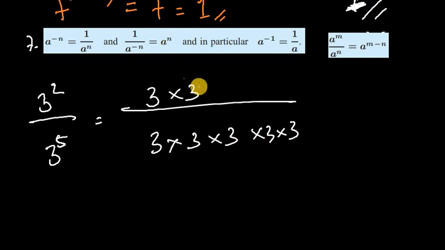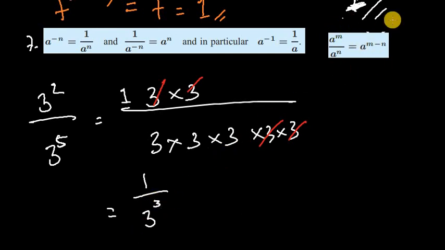We can cancel each other, this one. So this one becomes 1. Or we can just say this equals 1 over 3 to the power of 3.